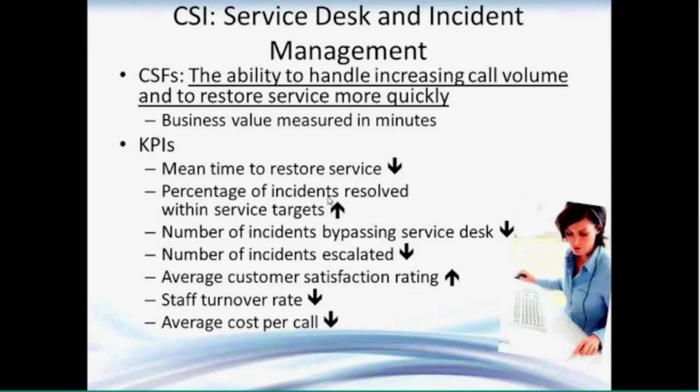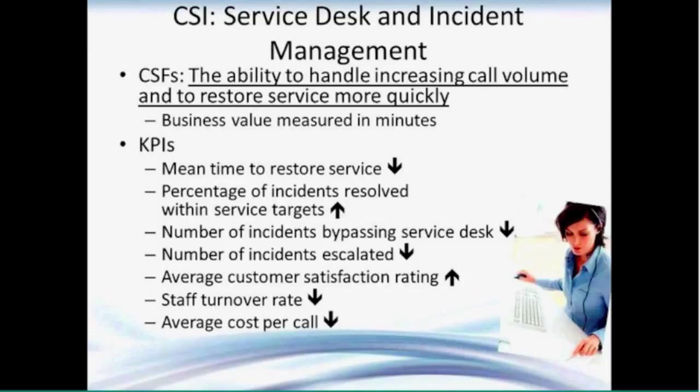If we are really making a push to have our end users contact the service desk more often because we feel they are not being productive if they try to resolve issues on their own for too long, we may want to see an increase in the number of incidents reported to the service desk if we're having this kind of campaign.